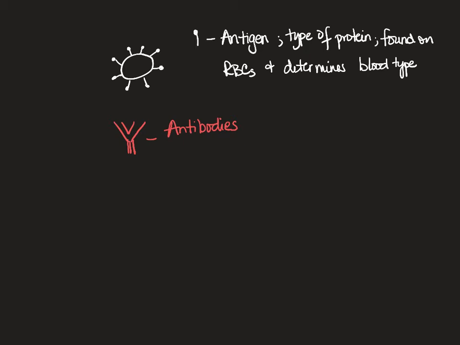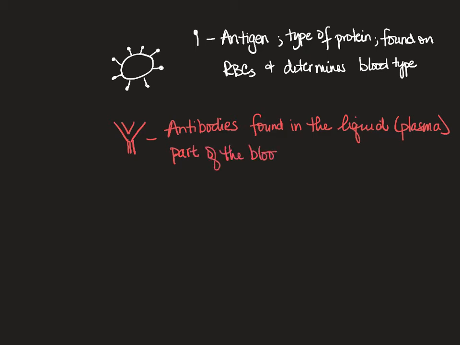And they are found in the blood, like the liquid part of the blood, so the plasma. And they're actually a part of your body's immune response. They're part of your immune system.